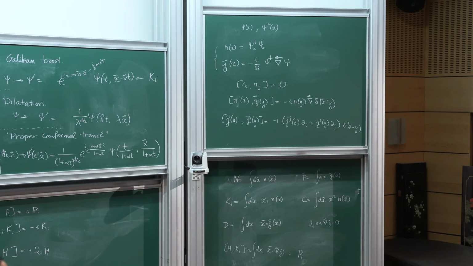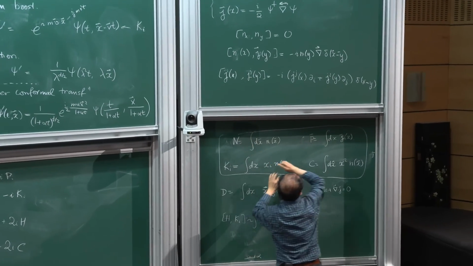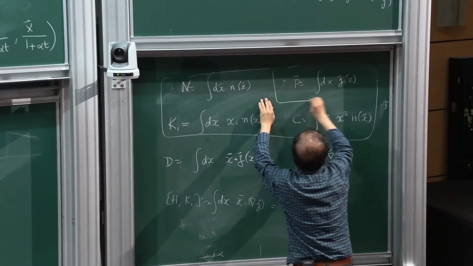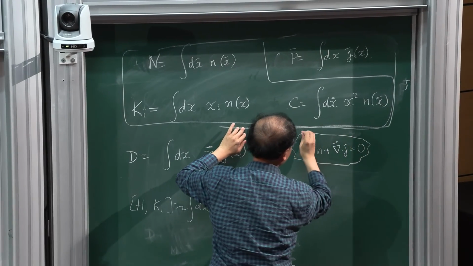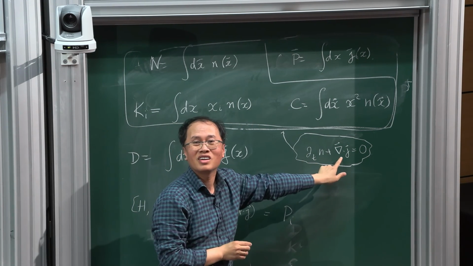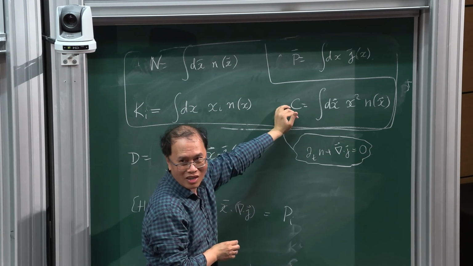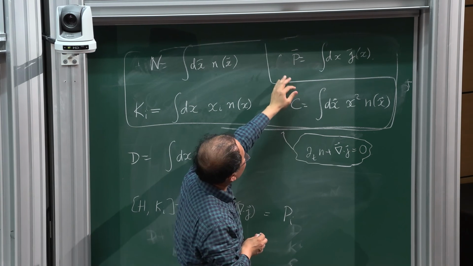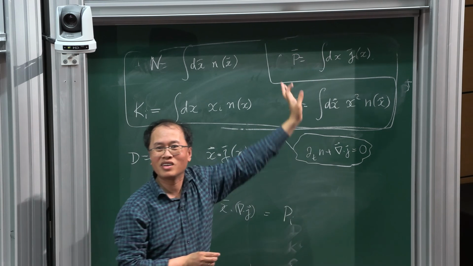Fortunately, the commutator of the Hamiltonian with all these quantities, except for this one, can be obtained by appealing to the continuity equation, because the time derivative of n is expressed in terms of the gradient of j, and so we get the commutator of H with all of this. Now we assume that the theory is boost invariant and translationally invariant. The commutator of H and P would be equal to 0. Okay, so that part is taken care of.